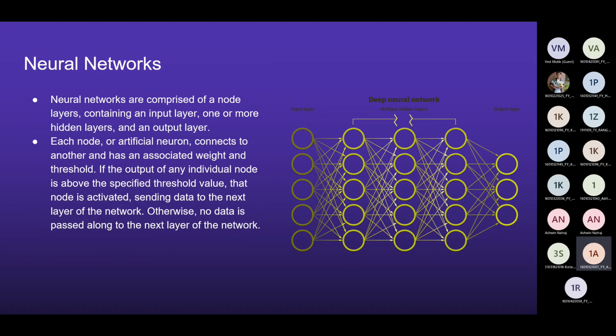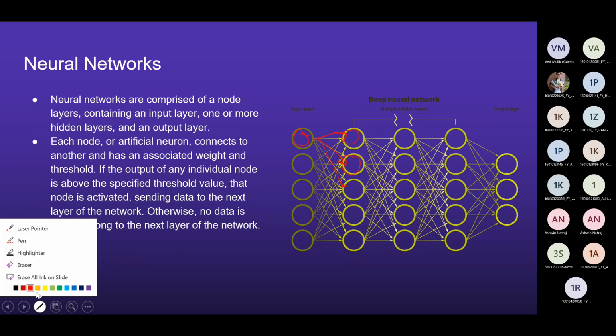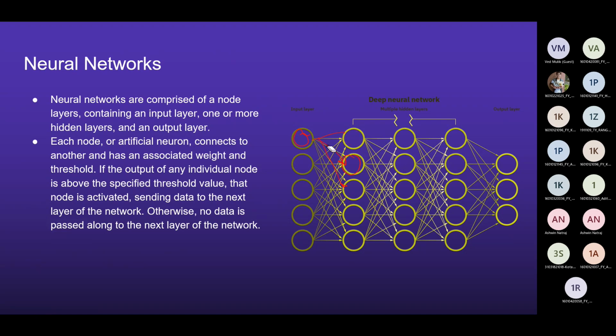Now, every node in a neural network is connected to a node in the next layer via some weights. So for example, this node is connected to this node, and so on, by some weights. So these arrows are some weights.